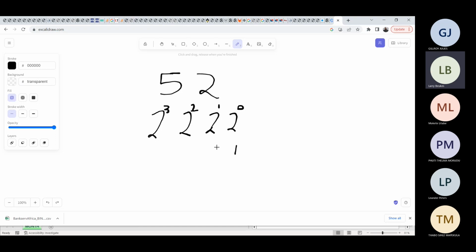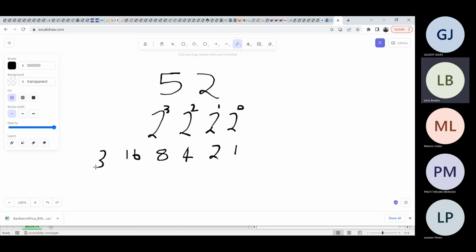So this is 1, 2, 4, 8. I want you guys to see the pattern here. 16, 32, 64, but 64 is bigger than 52, so we're never going to use it. So this will be 2 to the power 4, and then this will be 2 to the power 5.